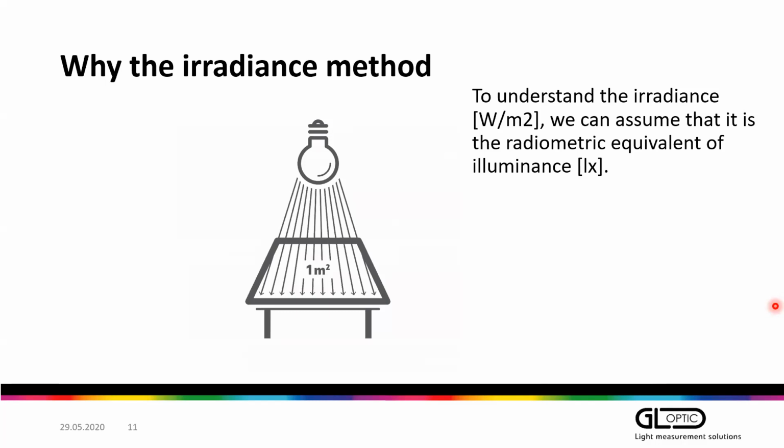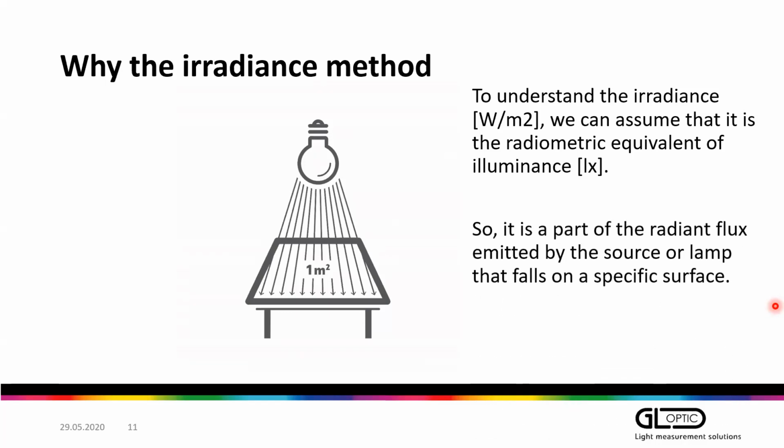Therefore, we are using radiometric scaling for this evaluation, so for this measurement. So this is watt per meter square instead of lux. It's only the part of the flux reaching the area. So depending on the distance, depending on the angles, and depending on the optics, the amount of the radiation falling onto the surface may change.